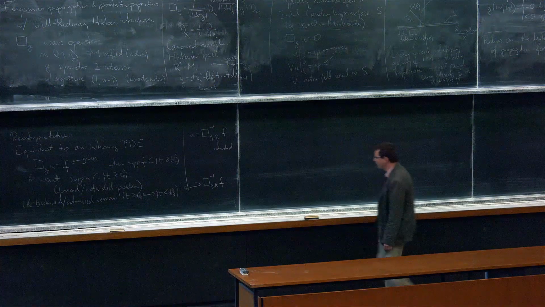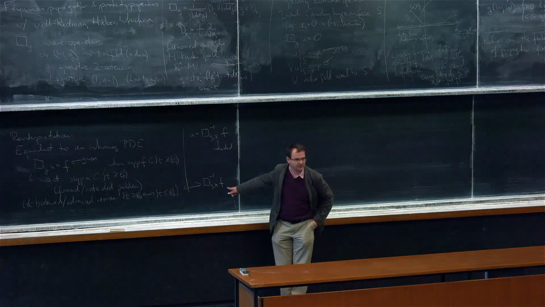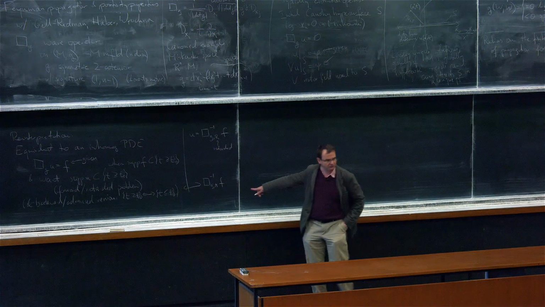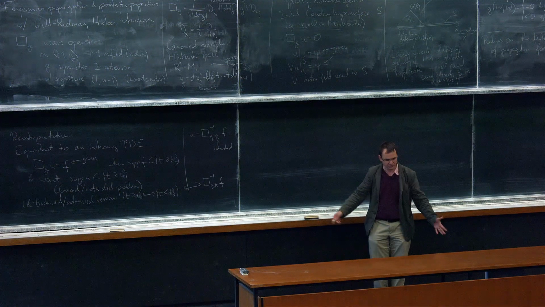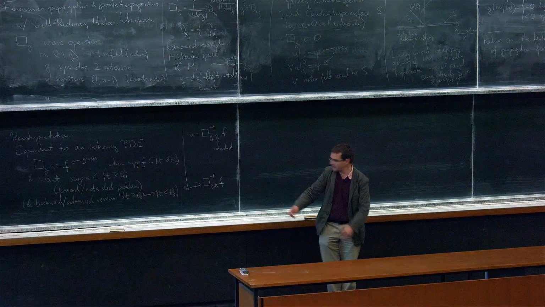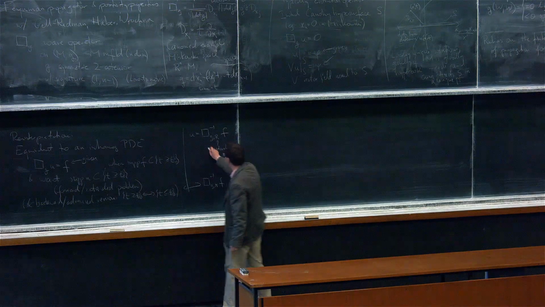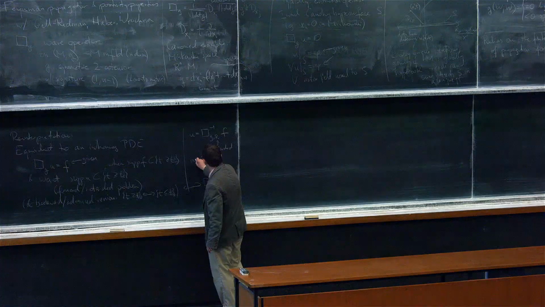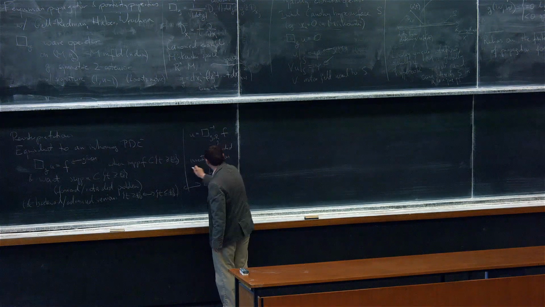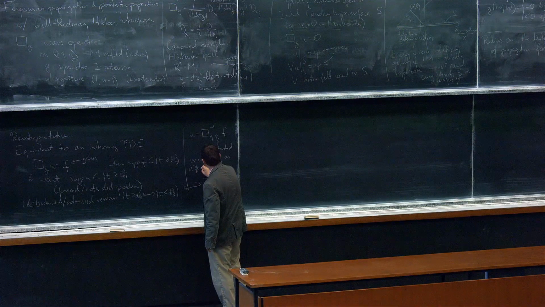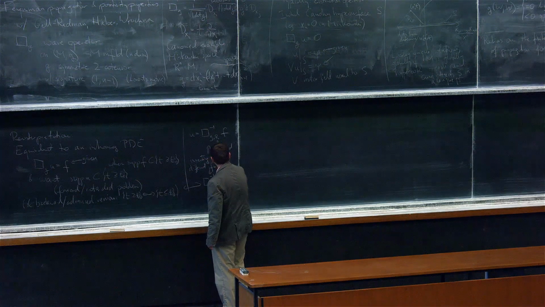OK, so here we have two inverses of the wave operator. Of course, what does inverse mean? That you're inverting this operator. I didn't actually write down precise function spaces, but it's an operator, so it's acting between two function spaces. So what you're really doing is inverting box_g on different function spaces.